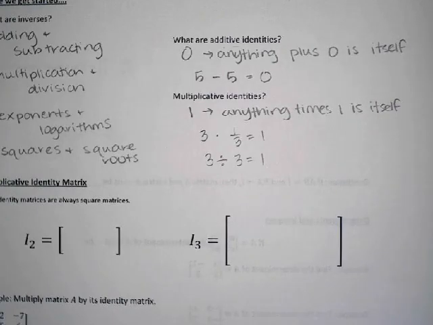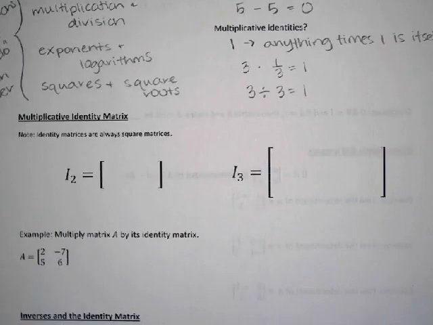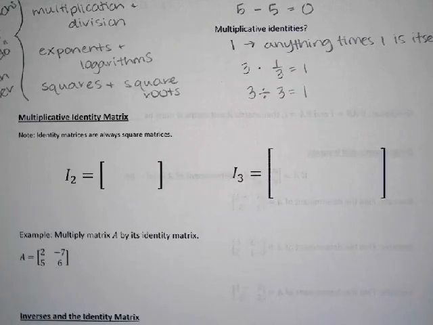We've seen them before. Okay, so we're going to use that same idea, but we're going to look at it with matrices today. So we're going to look at the multiplicative identity matrix, specifically for a 2x2 matrix and for a 3x3 matrix. And one thing that we're going to highlight, if you have a highlighter, or if you just have a pencil, you can put a star next to it.